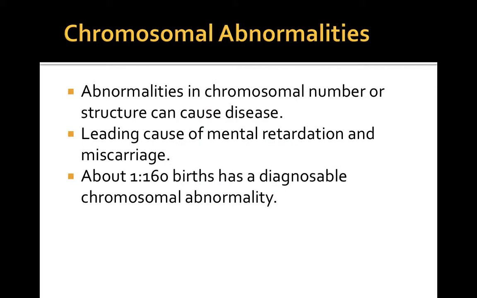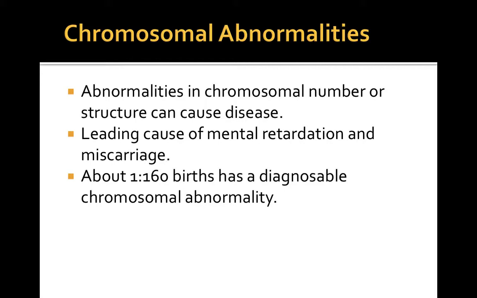In chromosomal abnormalities, chromosomal disorders have been associated with mental retardation, failure to thrive, developmental delay, low birth weight, infertility, and histories of frequent spontaneous abortions or stillborns. Approximately 50% of spontaneous abortions have chromosomal abnormalities.